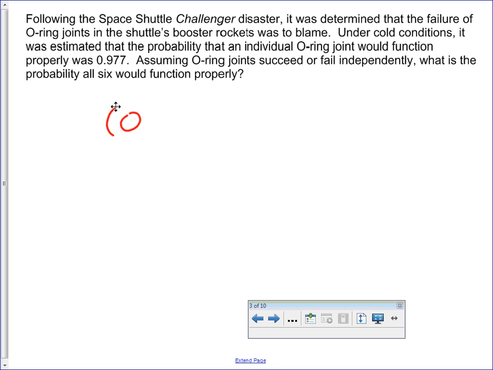And so it's 0.977, right? Probability all is, but we're going to have to raise this to the 6th power because there's 6 O-rings. I think 3 on each independent rocket booster.